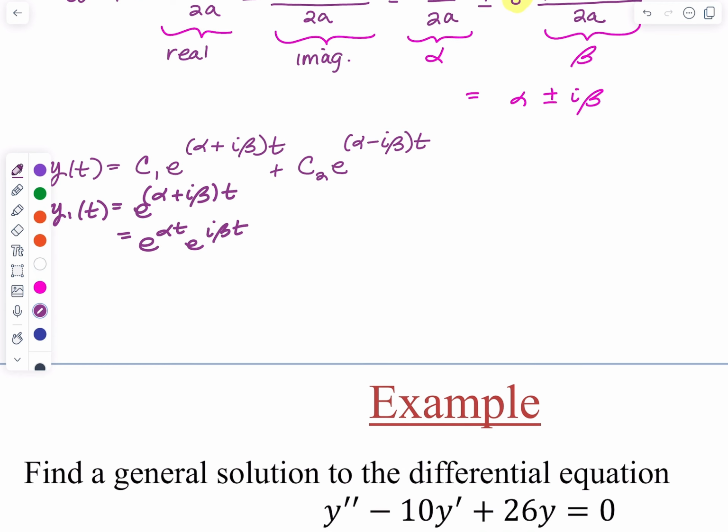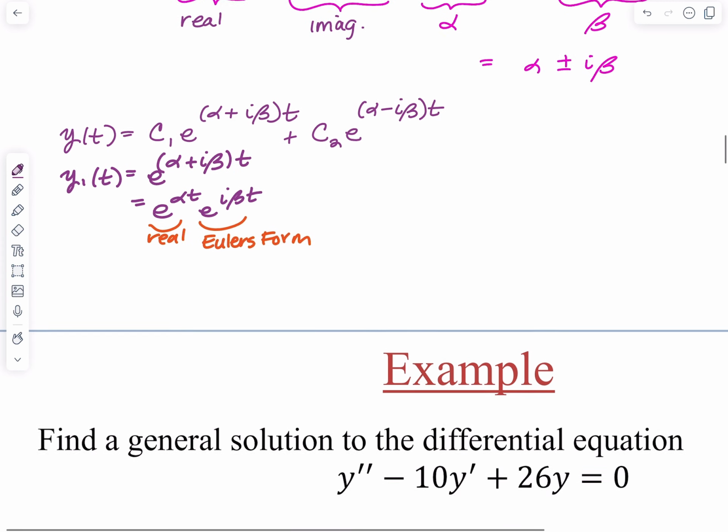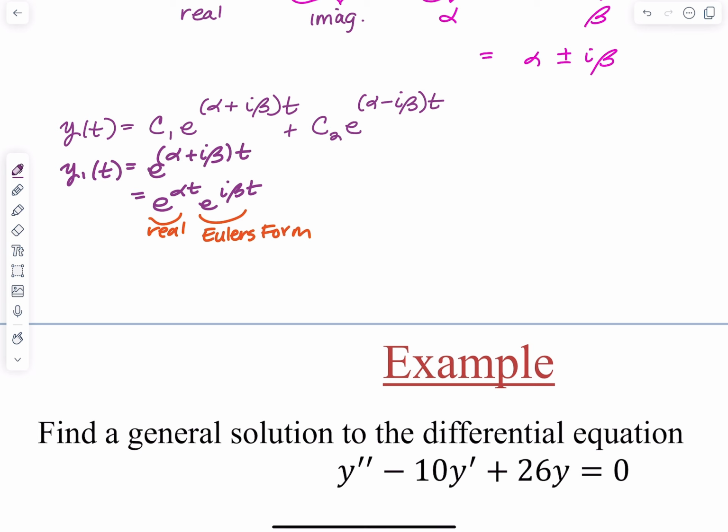And as you can see, this is real. And this, we can go ahead and use Euler's formula to simplify. Okay? So now we can say that we have e to the alpha t multiplied by the cosine of beta t.